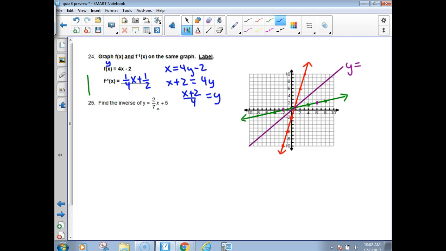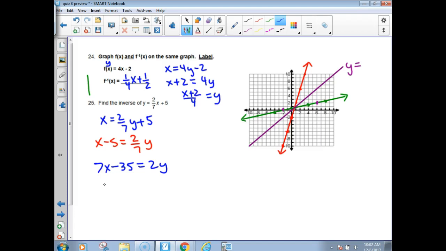All right, find the inverse of this one. All right, first thing, step 1, switch x and y. Subtract 5. Multiply by the reciprocal of 2/7, or if you like, multiply by 7 and then divide by 2. If you multiply by 7 and then divide by 2, you're still going to get the same answer.